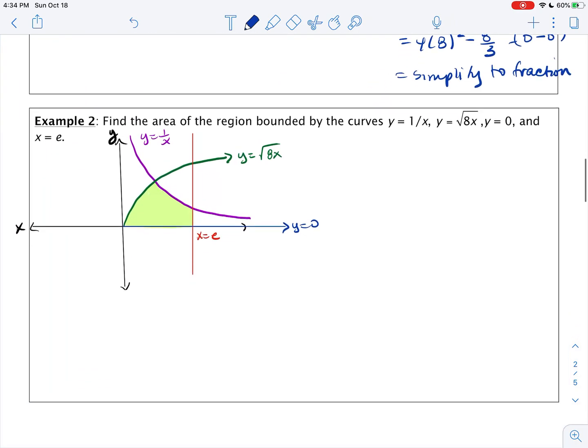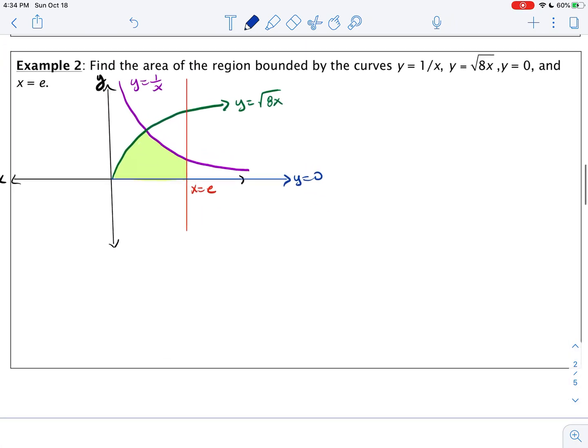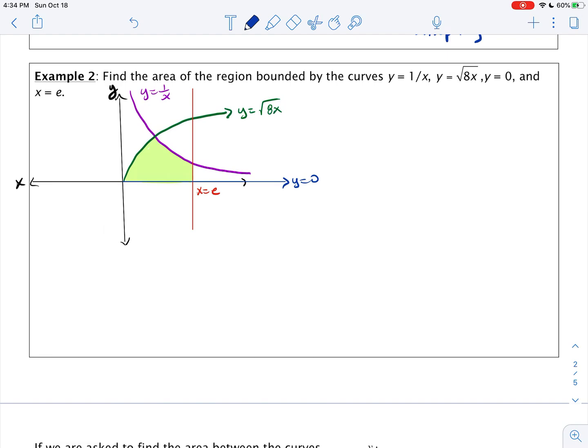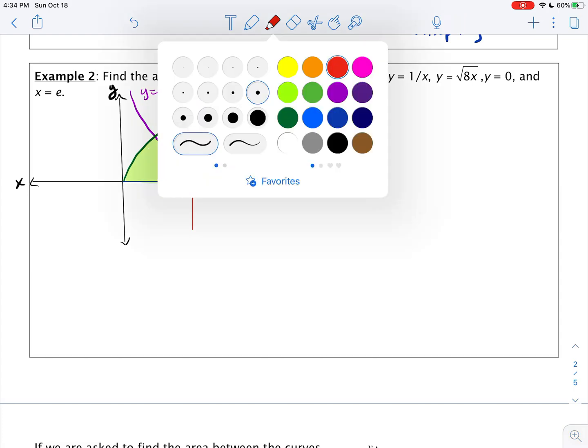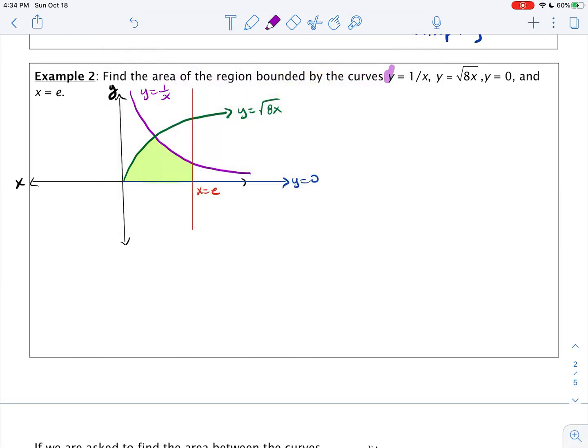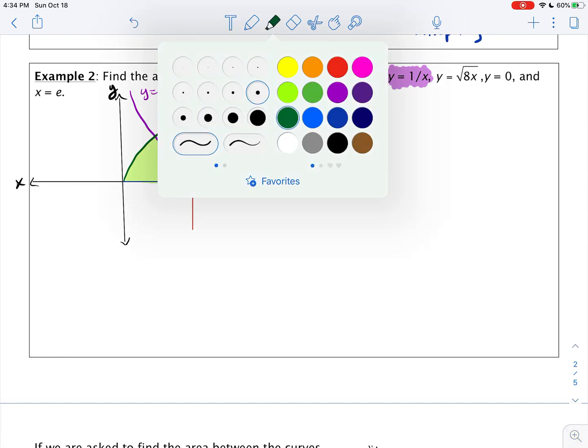Okay. In this next example, it says find the area of the region bounded by the curves y equal to 1 over x and y equal to square root of 8x, y equal to 0, and x equal to e. So I have graphed this ahead of time, and I put y equal to 1 over x in purple.